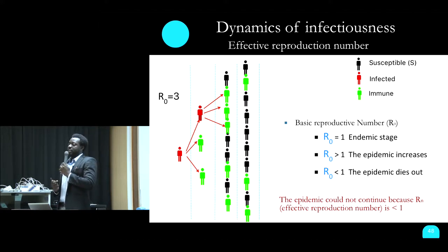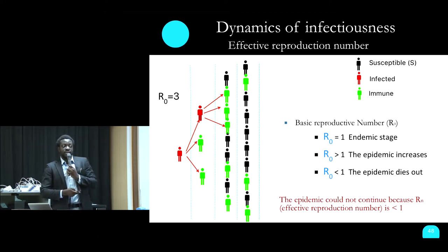That is why it's not important, when it comes to vaccination, to give vaccine to everybody 100%. You just need to give vaccine to a fraction of them, and the others would be protected indirectly.